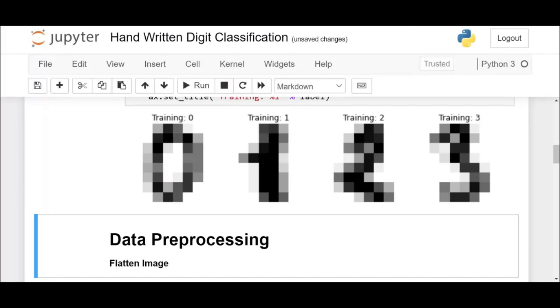It is an 8 by 8 black and white image of digits from 0 to 9, and we can make out whether it is a 0 or a 1 or a 2 or a 3. Now our problem is to accurately classify each of the digits and predict these digits. That is the requirement.